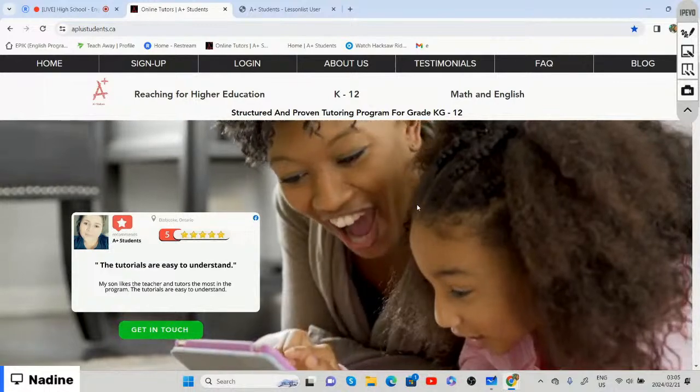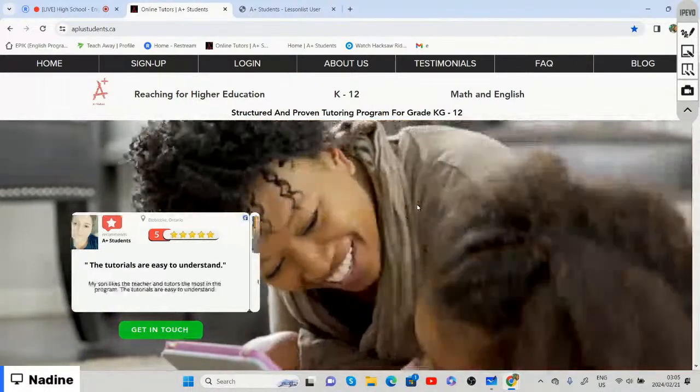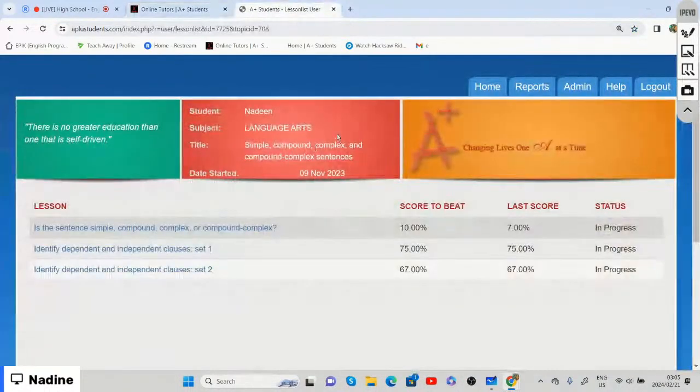Then we're going to scroll down until we get to the lesson of simple, compound, complex, and compound complex sentences.